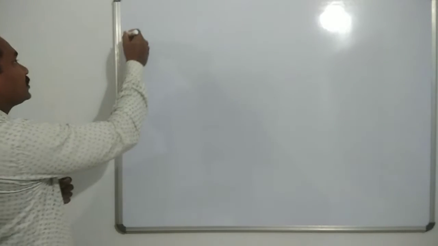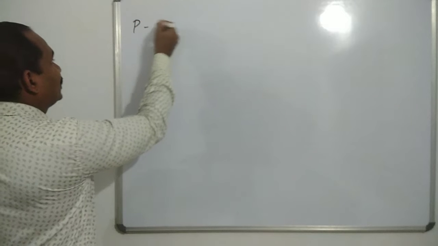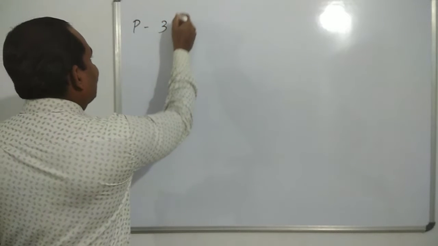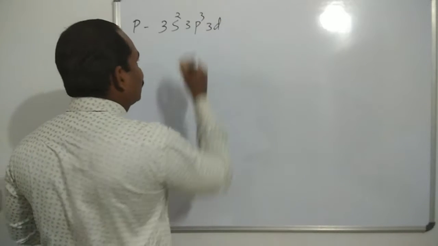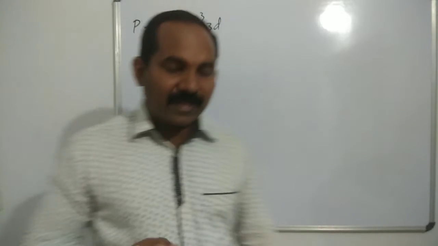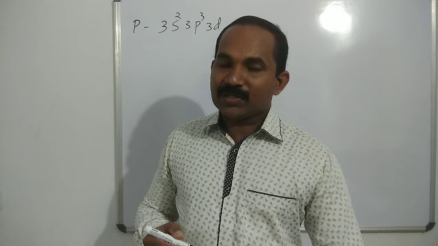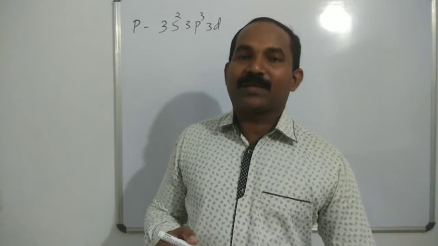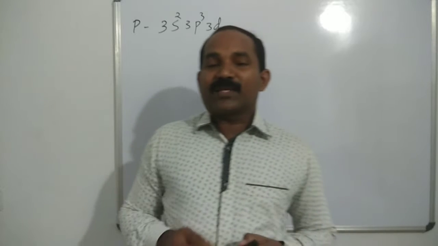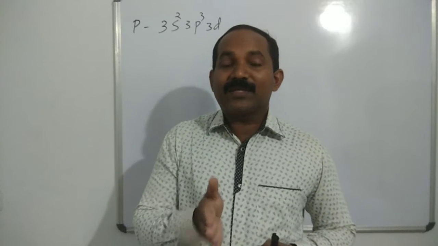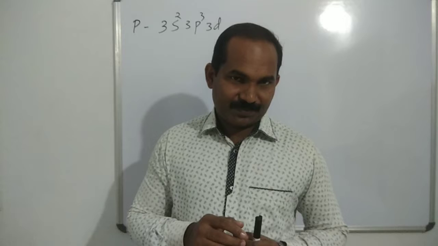The electronic configuration of the valence shell of phosphorus is 3s2 3p3 3d0. There is no electron in the d orbital, but d is there. And d orbitals have comparable energy with the 3s and 3p.